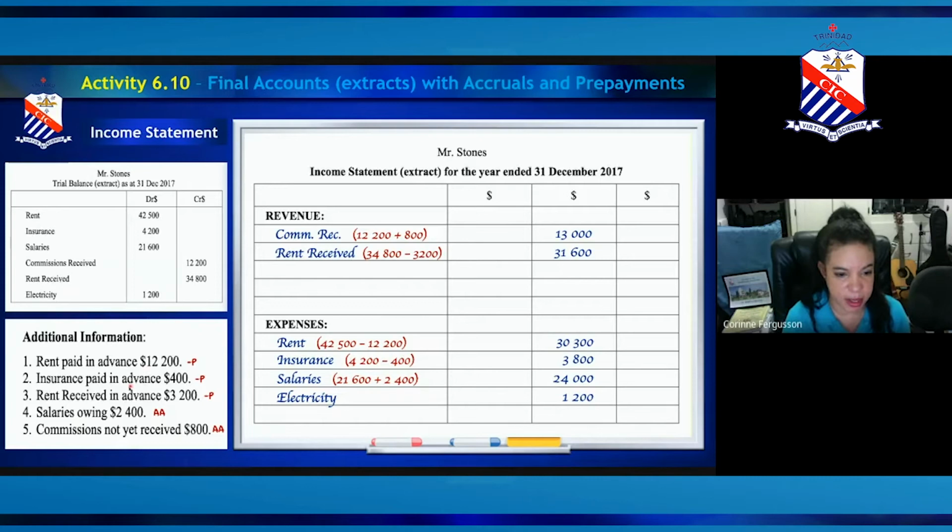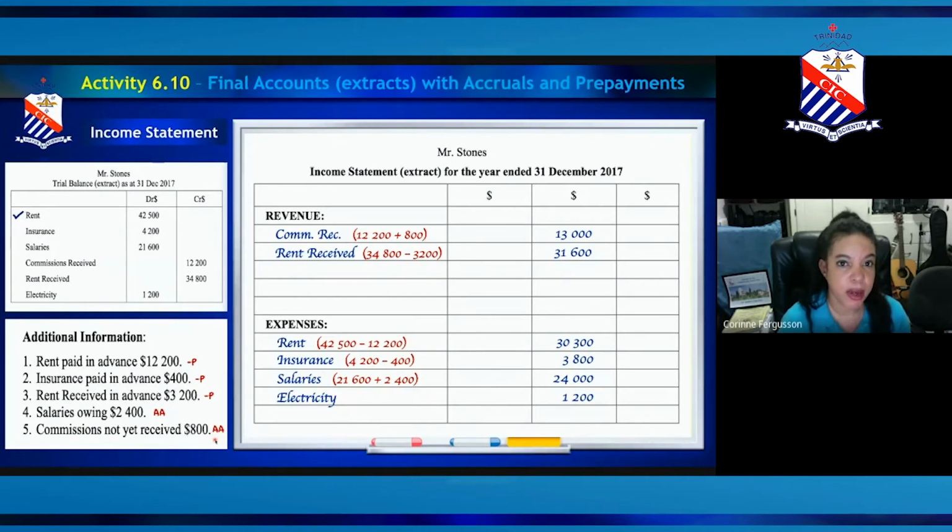Notice that I did my little notes because in exams and stuff, it helps if you just jot down, and it doesn't take much to put minus P and AA. If that is how you have been practicing it, you know that AA means add accruals and less prepayments. Right? So we have this activity.